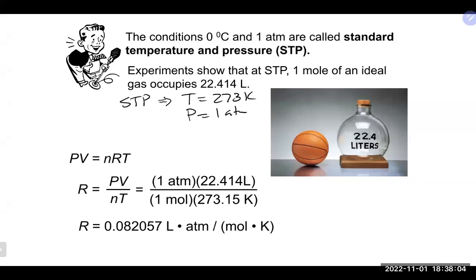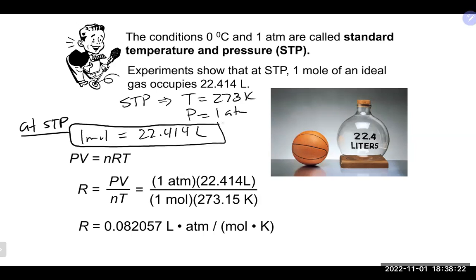There is a really nice relationship that occurs at STP conditions, and only at STP conditions. 1 mole of any gas will equal 22.414 liters. So this conversion is a nice one that you could use if you are at STP conditions, which means your temperature needs to be 273 and your pressure needs to be 1 atmosphere.